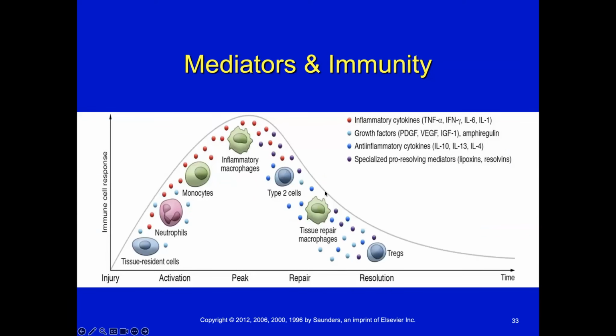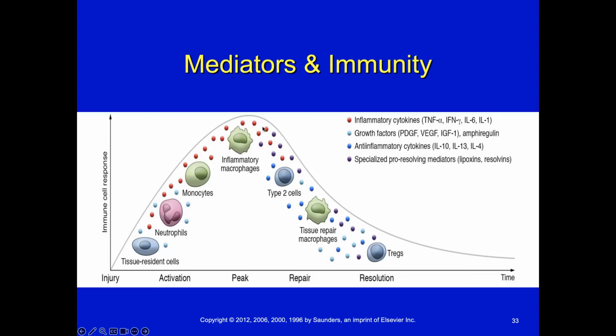And this chart, you saw this before when we discussed cells of inflammation. So you're familiar with all of these different types of cells that are present. And if you follow the little dots here, you can see what's being released, mediator-wise.